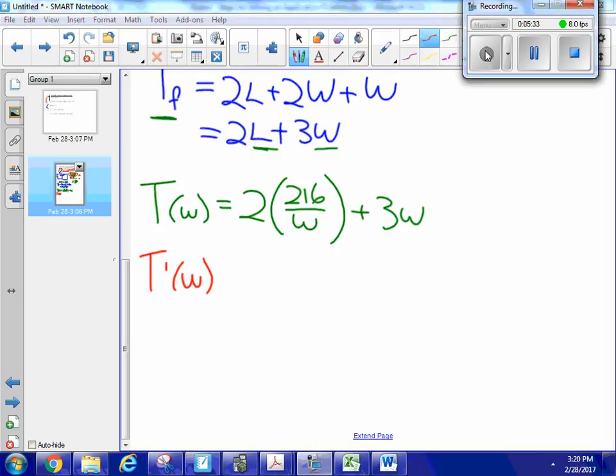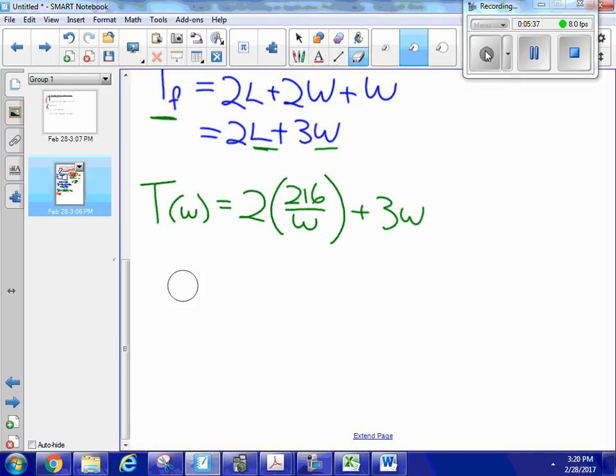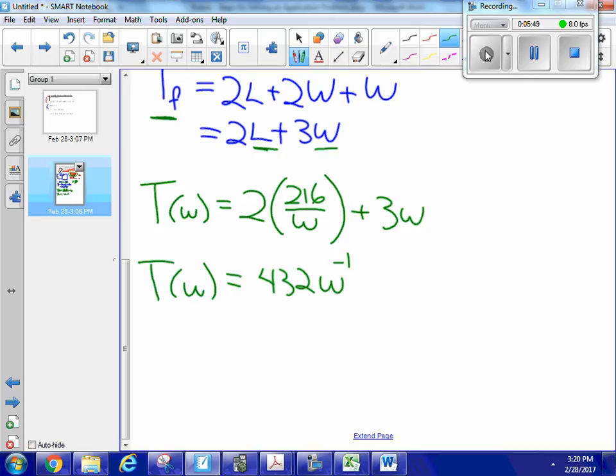So I'm going to change my T of W into something that's a little bit easier to differentiate. I'm going to change this into 432 W to the negative 1 plus 3W. And now I can take the derivative of this fairly easily.